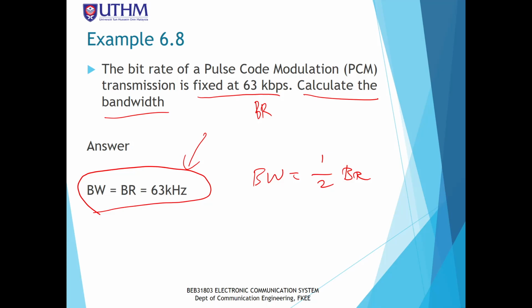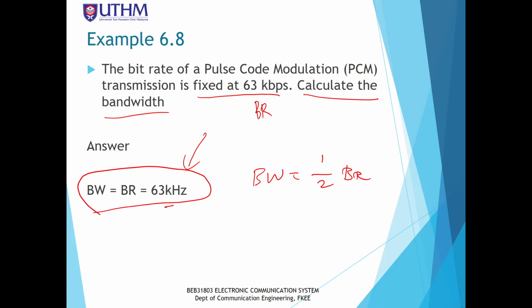So in this case, what you can do is say that the bandwidth of PCM is equal to the bit rate of the PCM, which is 63 kilohertz. If the question specifically mentions a minimum PCM bandwidth, then you can say that the minimum bandwidth of PCM is equal to half of the bit rate.